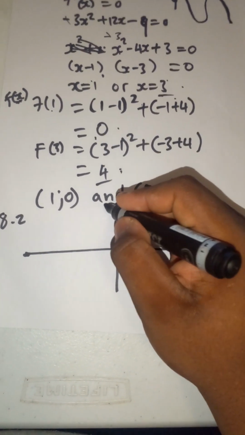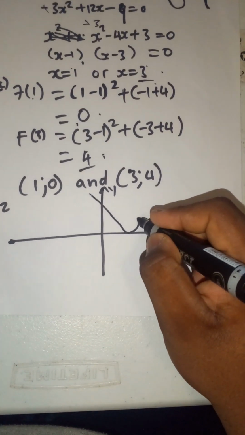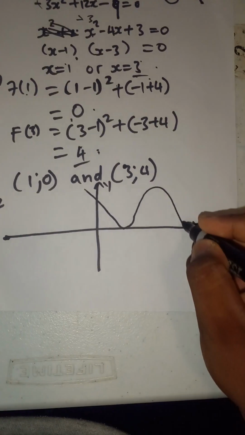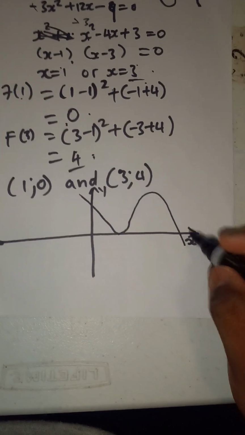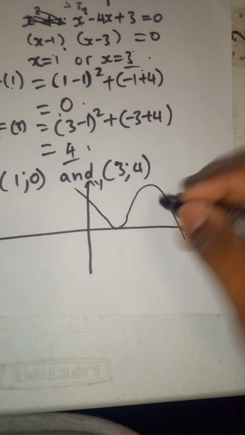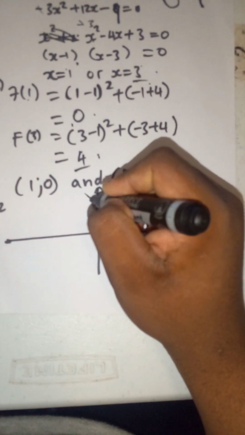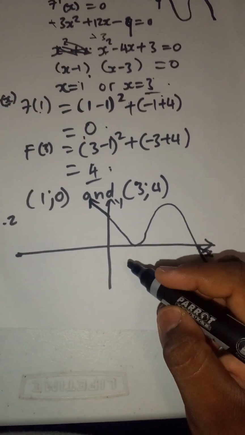So we are going to start, and at the same time I told you that at 1 it is the x-intercept, at the same time it is the turning point. So that is how my graph will look. You can extend it, it must go down there, and then even here it must go up, just that I don't have space.